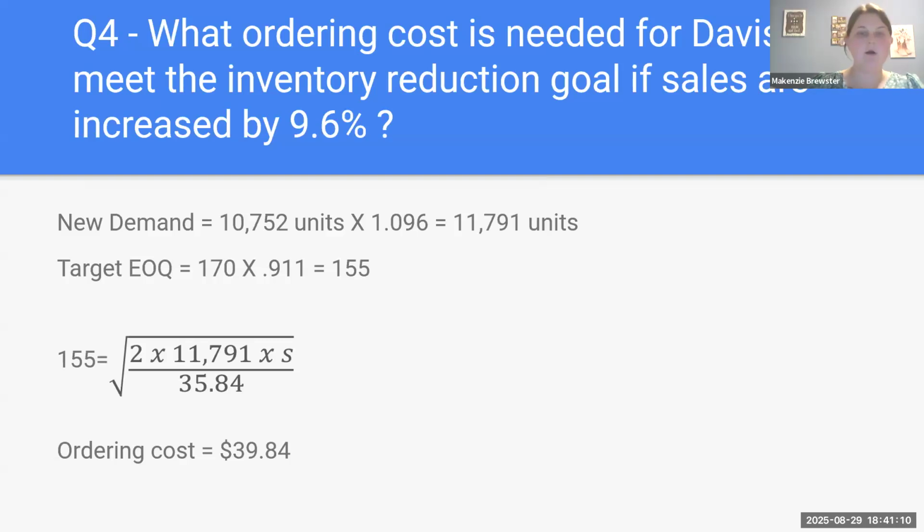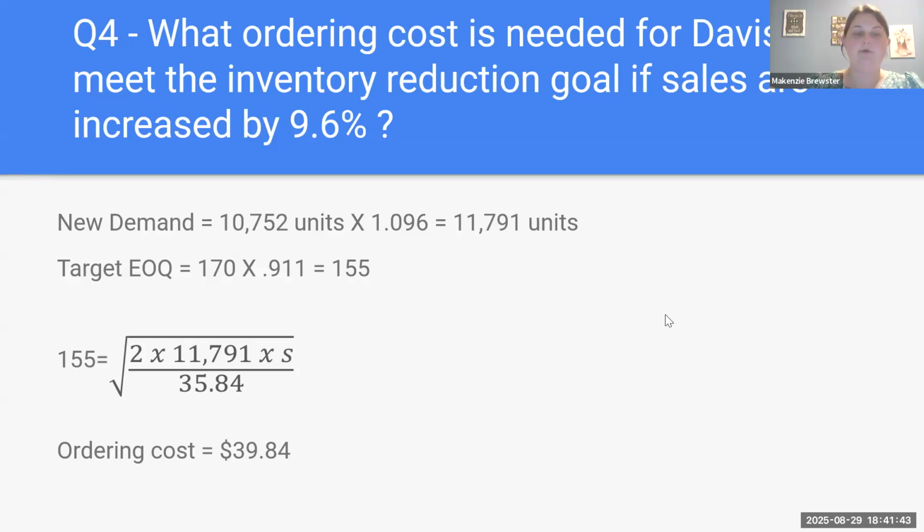So for question 4, what are the ordering costs needed for Davis to meet the inventory reduction goal if sales are increased by 9.6%? So we're going to determine the new demand, which we take the 10,752 units and multiply by 1.096, which is going to give you a total new demand of 11,791 units.